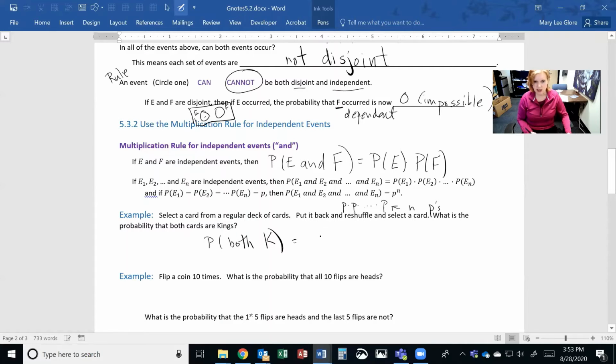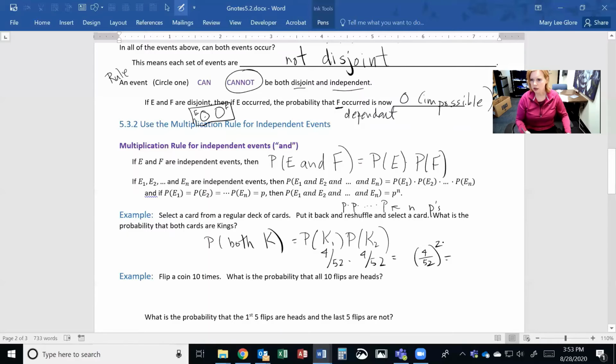Since they're independent, this is going to be the probability that the first one is a king times the probability that the second one is a king. And they're both the same. This is going to be 4 over 52 times 4 over 52, which I could write as 4 over 52 squared.